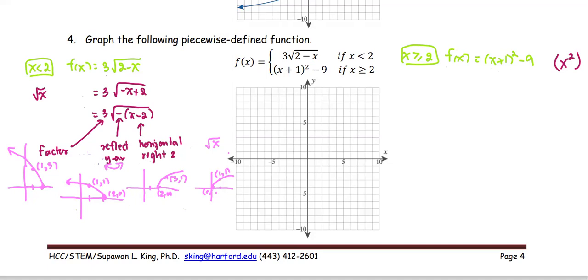This is in the form (x minus h) squared plus k, where h is negative 1 and k is negative 9. The x minus h part tells us about the horizontal shift, to the left 1 unit.